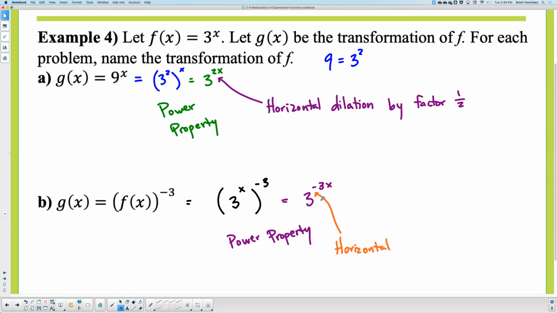Horizontal. A negative, does that translate, dilate, or reflect? It's a horizontal reflection. Now, don't forget, if you reflect your x's, you actually cross over the y-axis. Across the y-axis. So horizontal reflection across the y-axis, and now the 3.